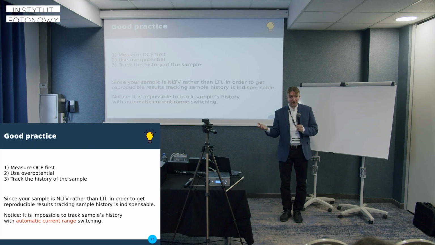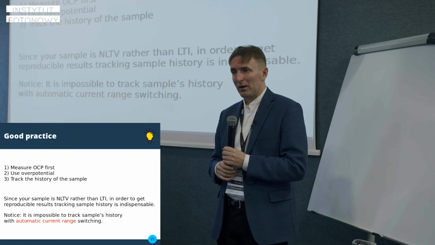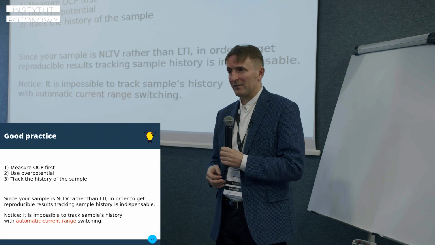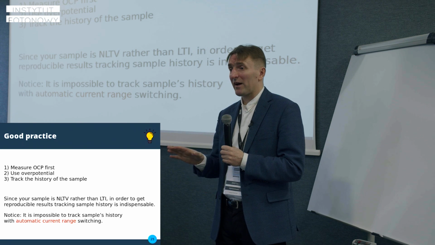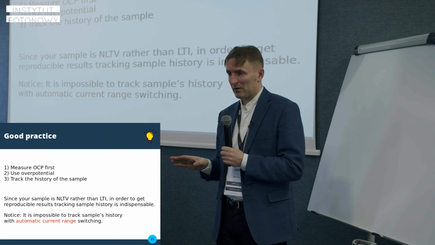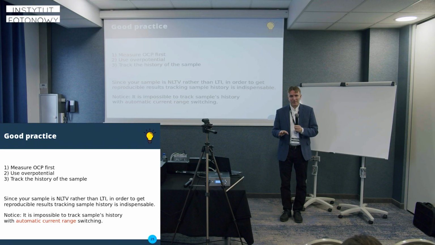Other manufacturers also have this problem, but they hide it. They just don't show the spikes. We decided, no, we're going to be open about it, and we will show our customer what he's doing with his sample. Those spikes reveal that they may affect the sample, and it was out of the user's control. So we decided not to allow automatic range changing.